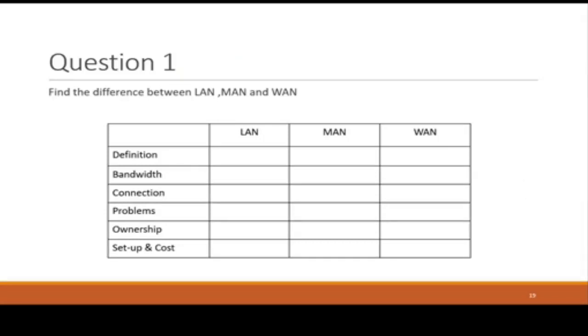For example, the advantage of LANs is that they are good speed-wise, but disadvantage-wise, WAN is very slow. Like that, you have to find out the problems, ownership, and the cost. What is the minimum setup cost it will take to form a LAN?